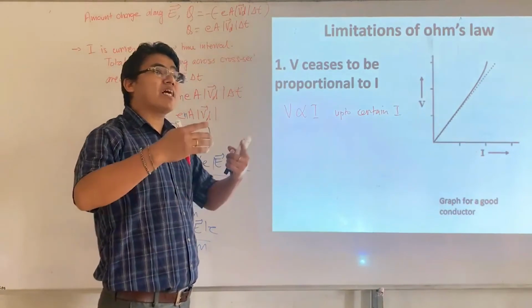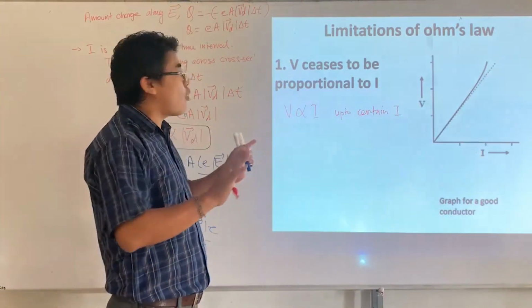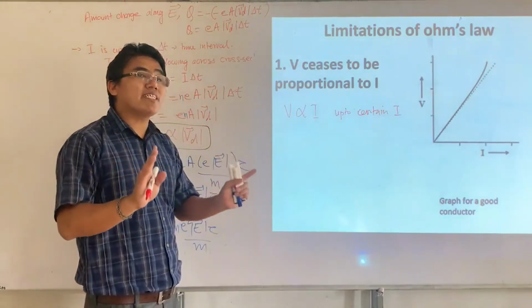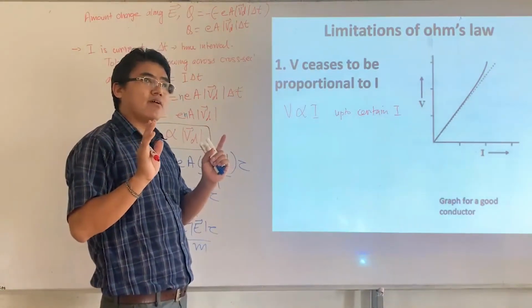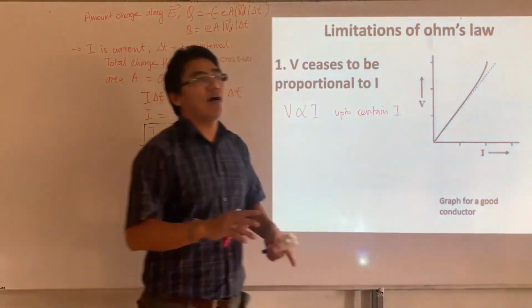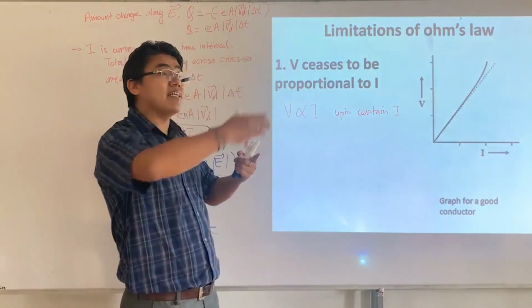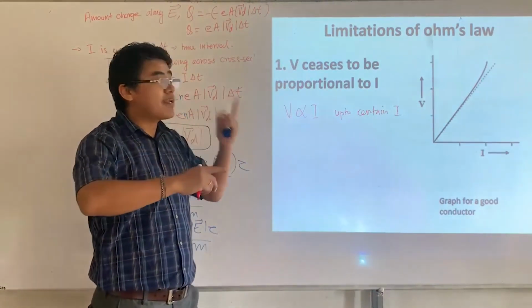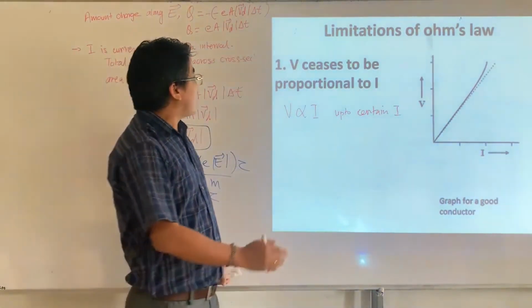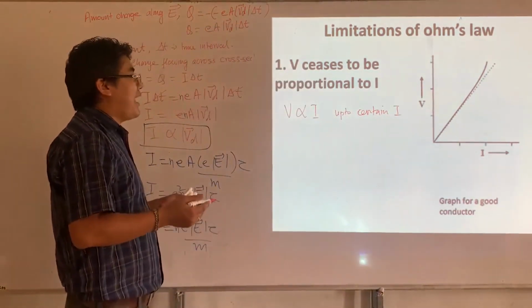When the wire heats up, the resistance is going to increase. If the resistance changes, then it is no more Ohm's law. Ohm's law says the resistance is fixed. If the resistance changes, the linearity between voltage and current is violated. So V ceases to be proportional to I.